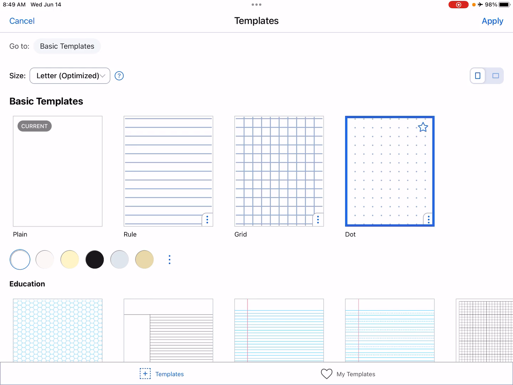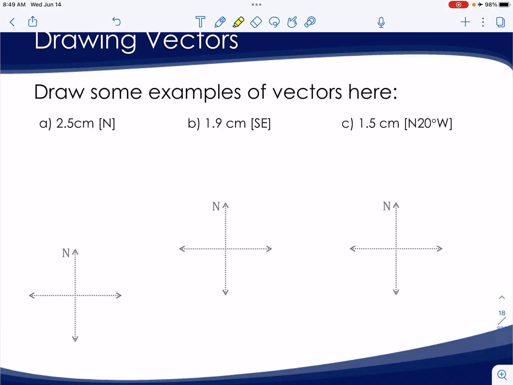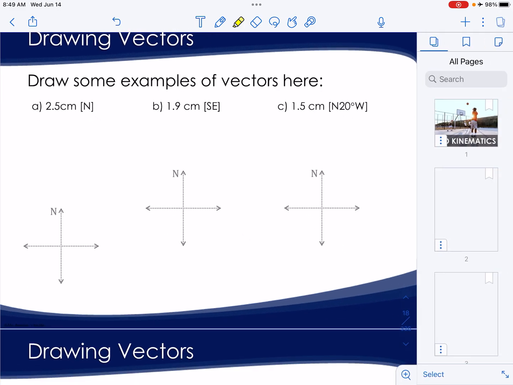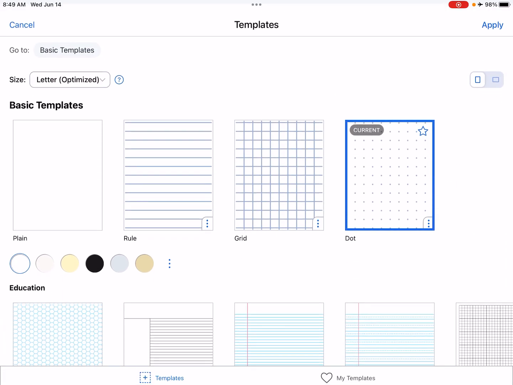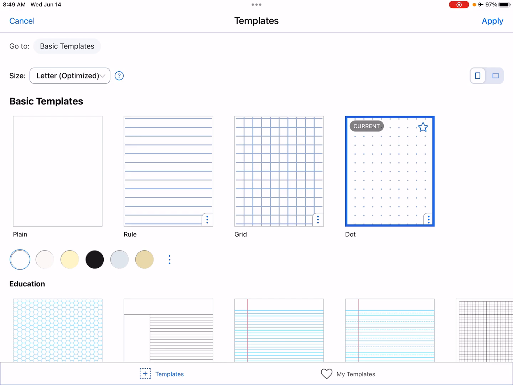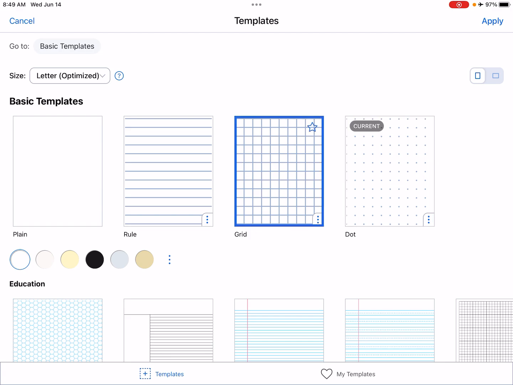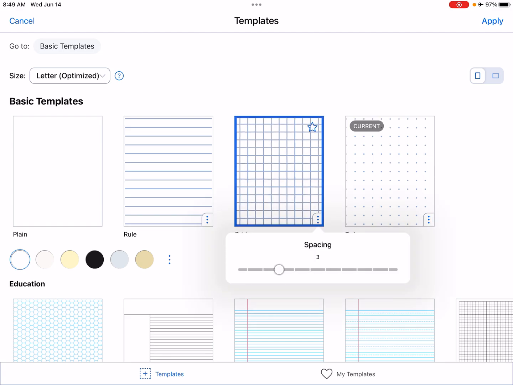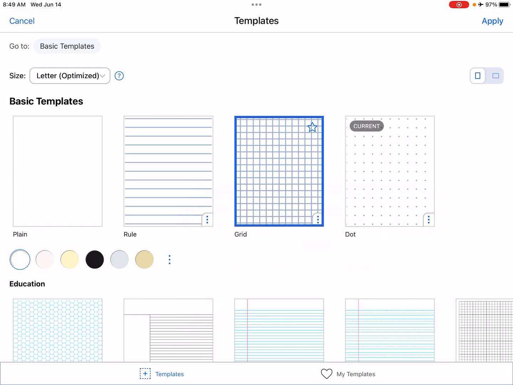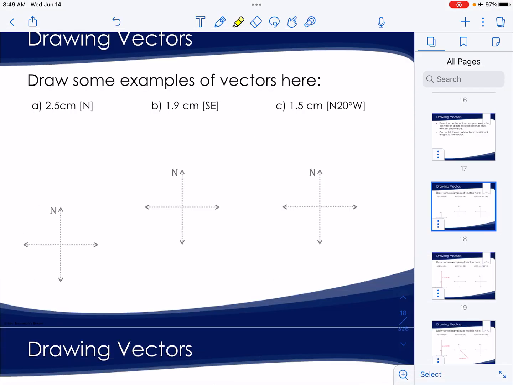Let's see how that looks. It didn't seem to change very much. Maybe we can change the spacing so it's a little bit smaller. That still didn't do it. Okay, well, I'm just going to do it without measurements.